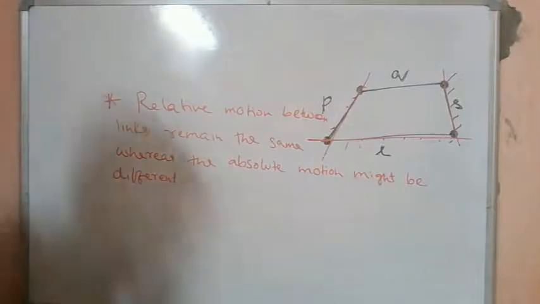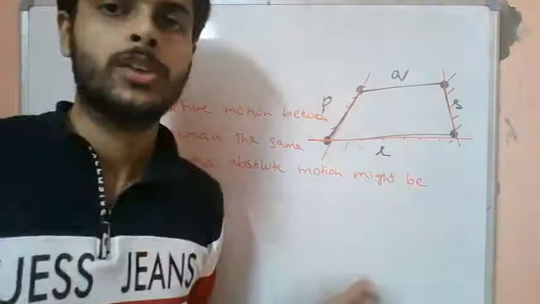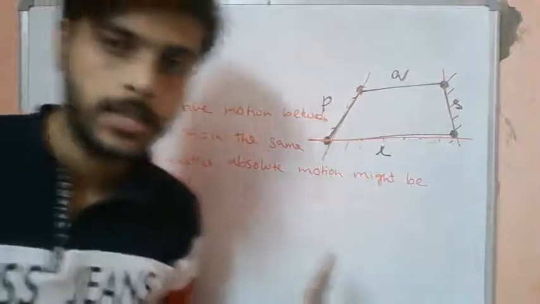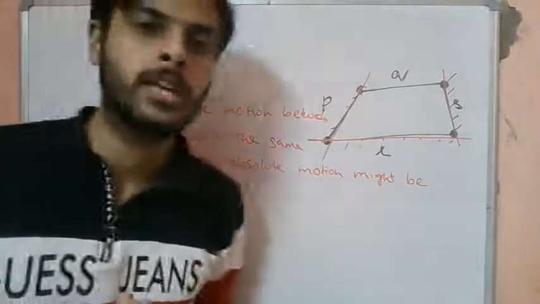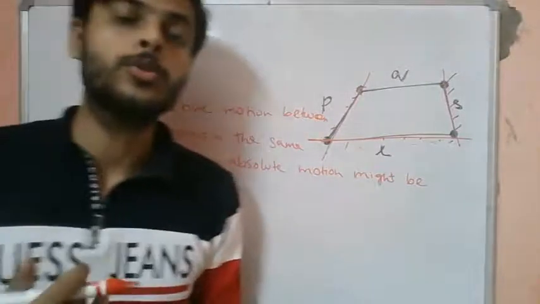This is why we do a kinematic inversion, to get different types of output from a particular mechanism.